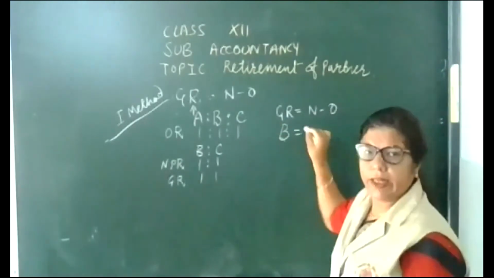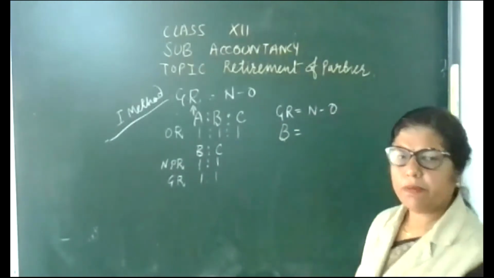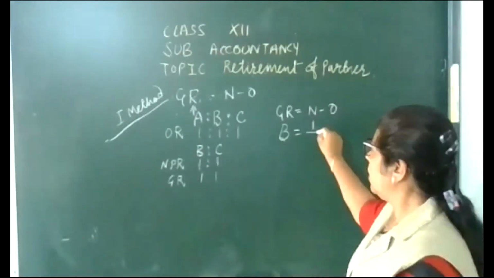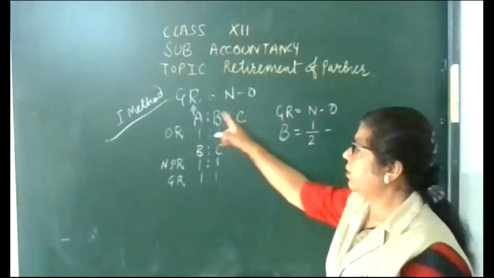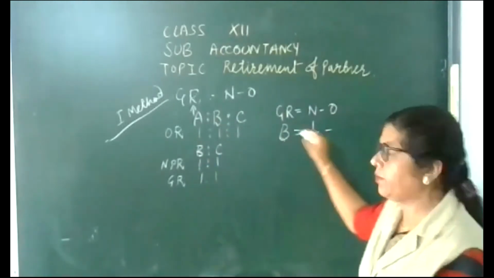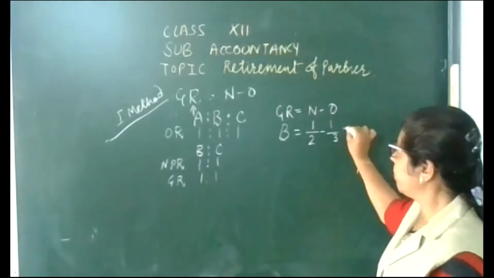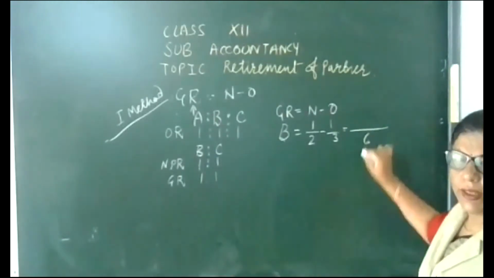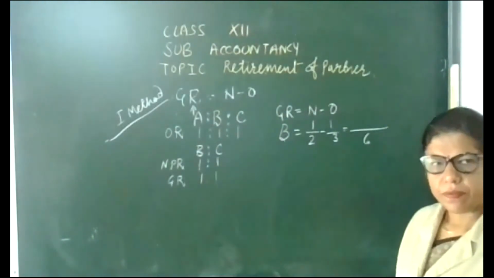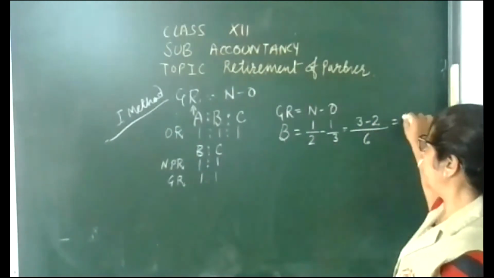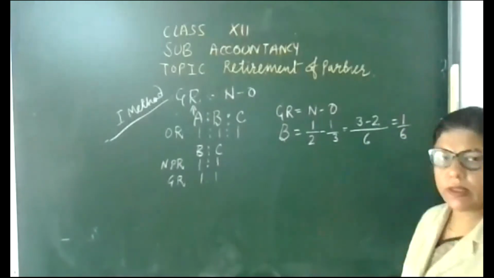First we calculate B's ratio. B's new ratio is 1/2 and old ratio is 1/3. That is, with LCM 6, 3 minus 2, that is 1 by 6.